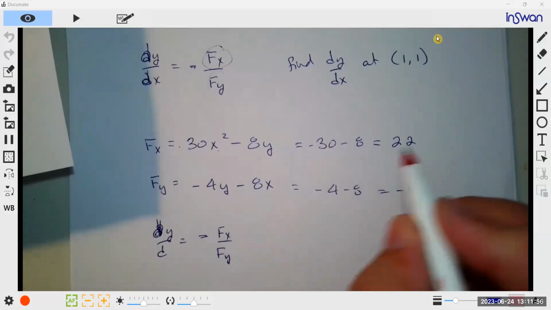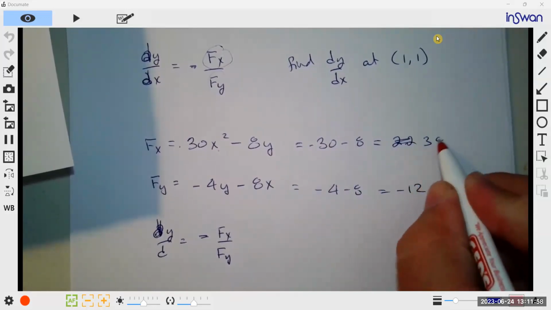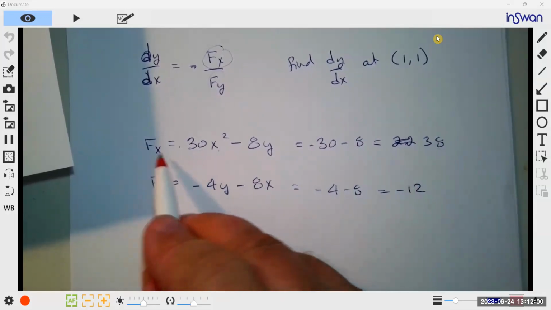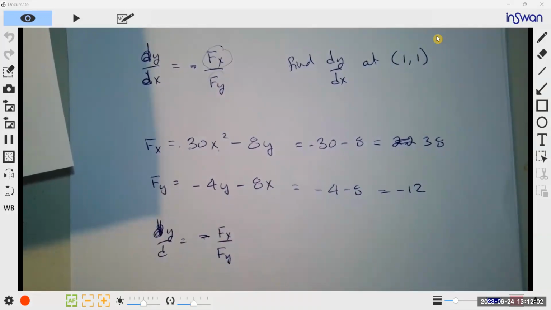So it's 22, because it's a minus F_x: minus 22 over minus 12.